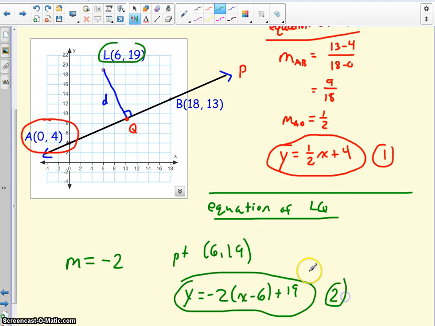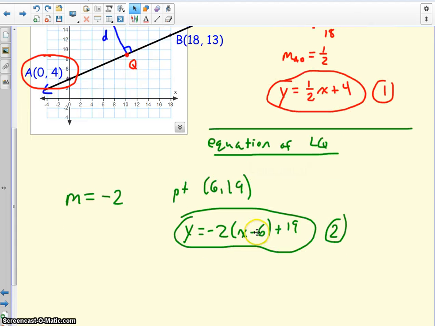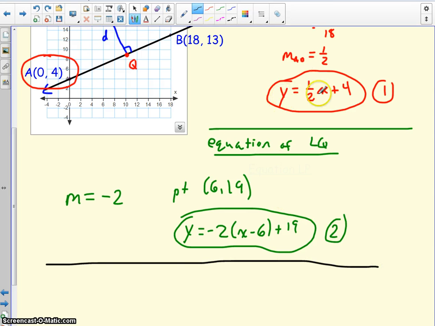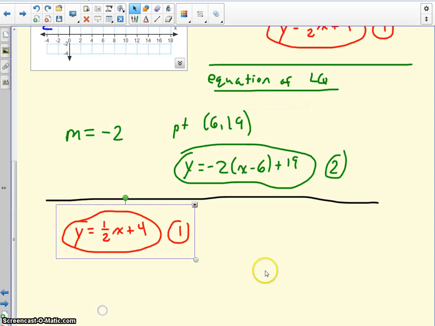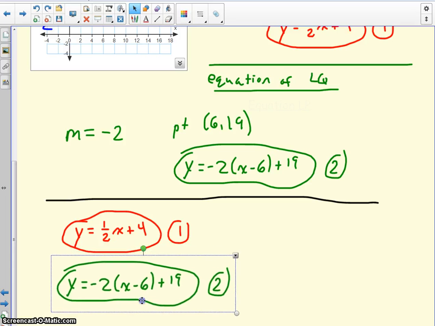So I'm trying to find where these two lines intersect. I'm looking for their point of intersection, so I can use substitution or elimination. So I'm going to use substitution because I already have y equals in both. So that means I'm going to take my y equals half x plus 4. Let me just copy it down here. And my y equals negative 2x minus 6 plus 19.